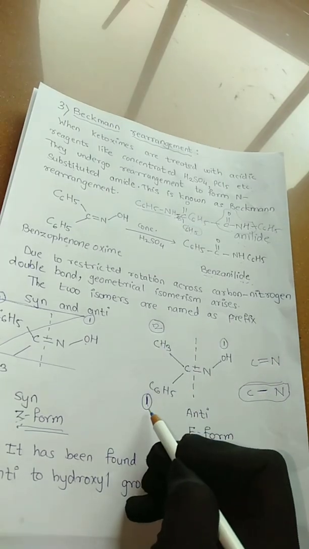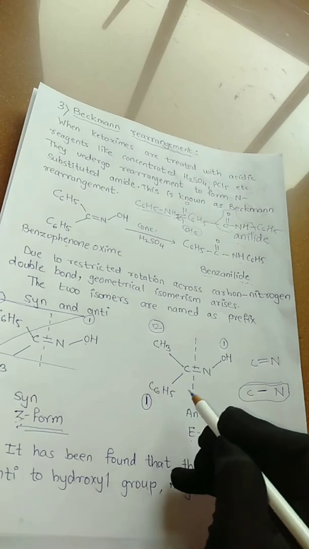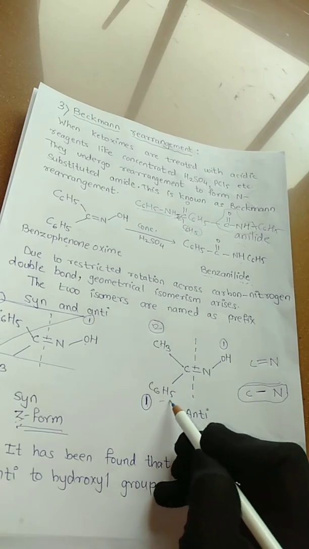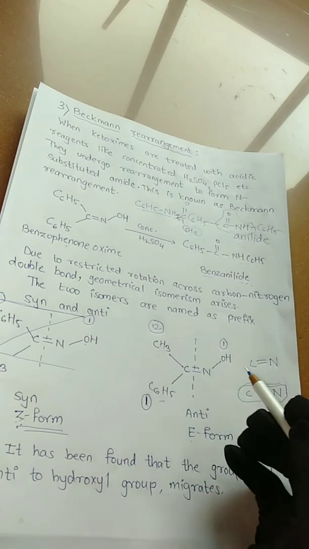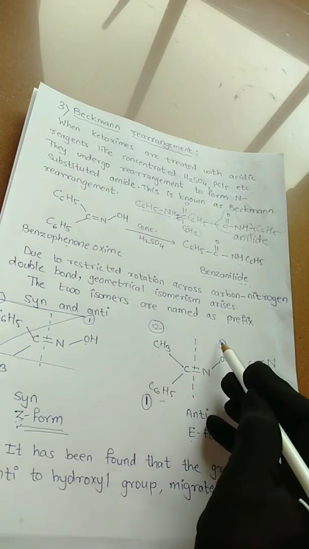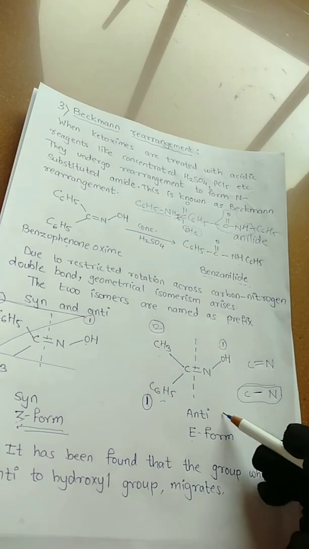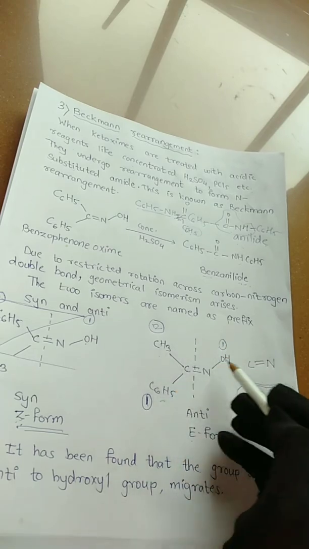Why? Because according to the priority list, phenyl has a higher priority than methyl. So here you can see that this is not the Z form, because you can't draw the Z form.